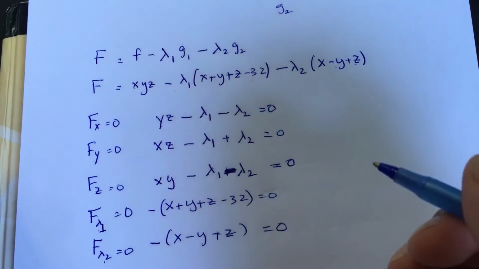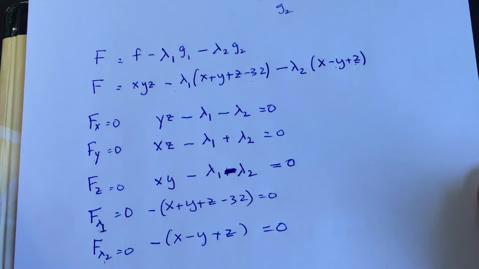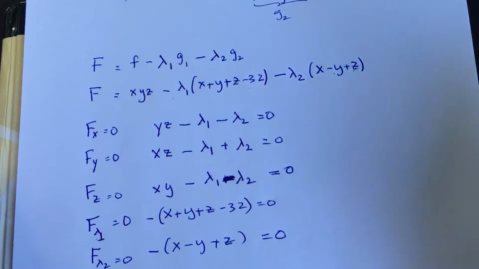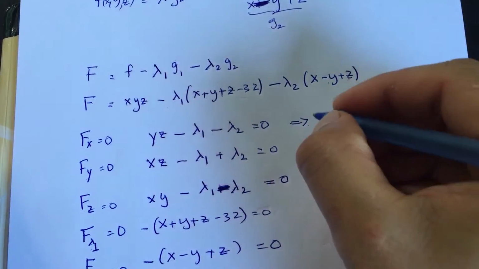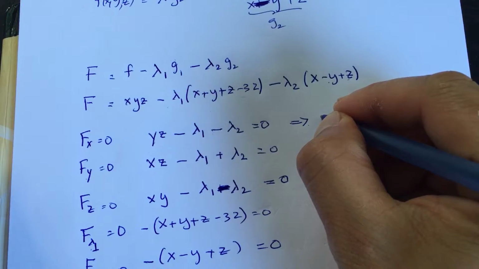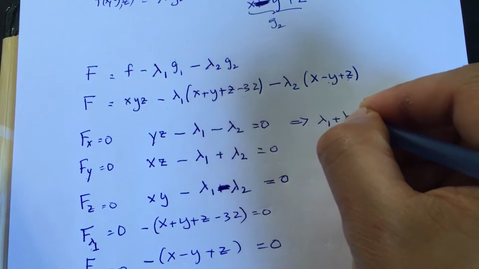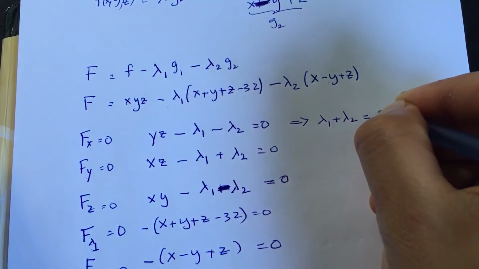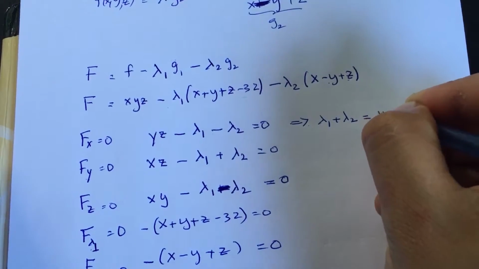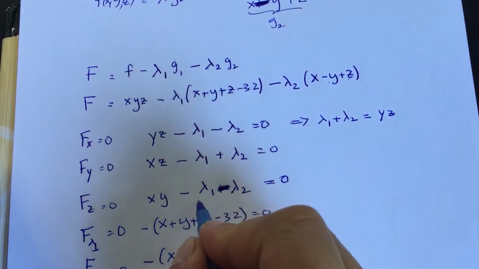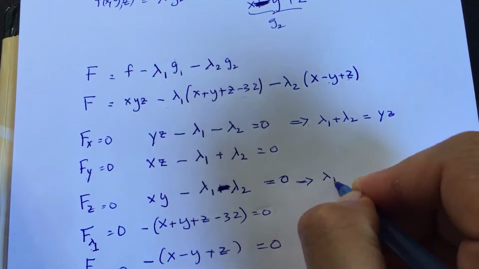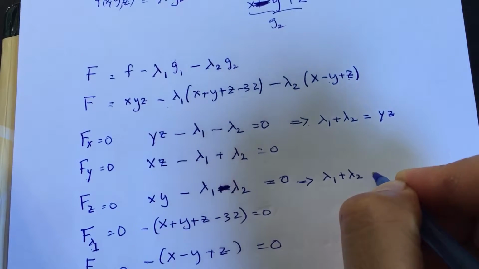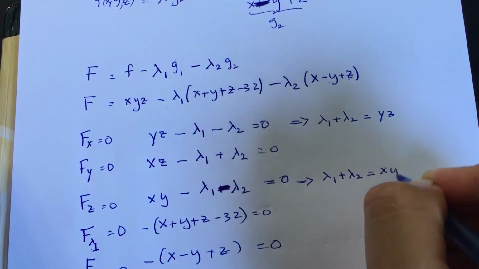Okay, so let's think about this for a moment. How do I solve for this? Look at this one here. I can solve that lambda 1 plus lambda 2 is equal to yz. For this one, if I move this to this side, I also can say that lambda 1 plus lambda 2 is equal to xy.